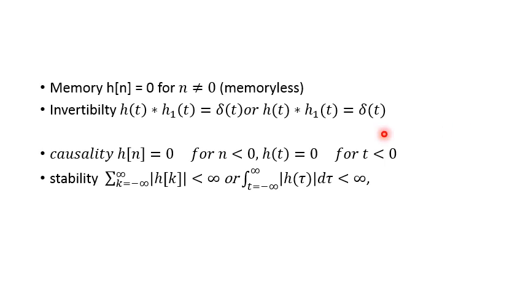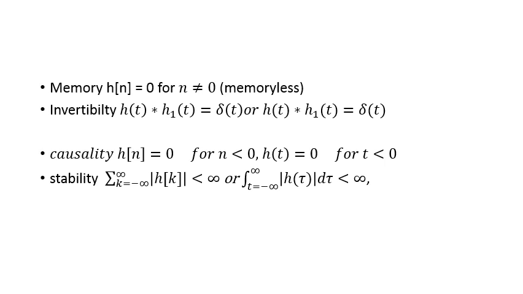So that means if we know the impulse response, we can tell whether the system is memoryless or it has memory. So for the case of discrete time system, it is defined as h of n. If h of n equals 0 for n not equal to 0, then such a system is called the memoryless system, right?